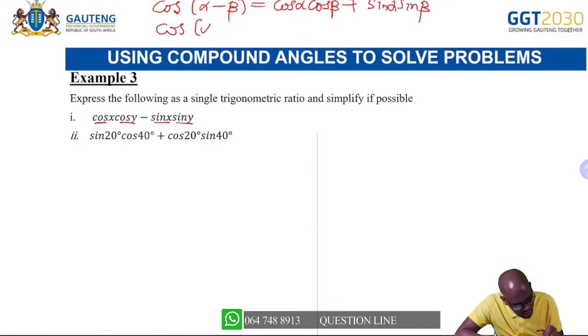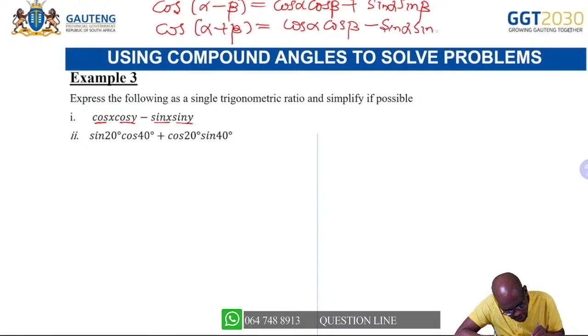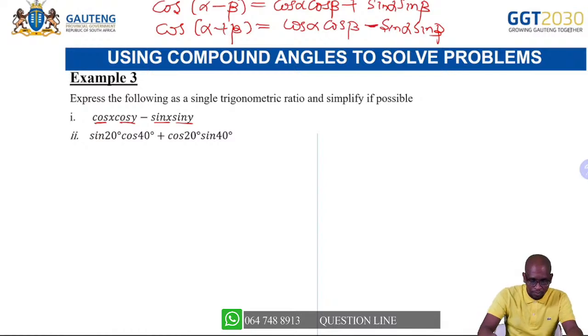If it's the cosine of alpha plus beta, it should be the cosine of alpha, the cosine of beta, minus the sine of alpha, the sine of beta. You see that the sign changes.